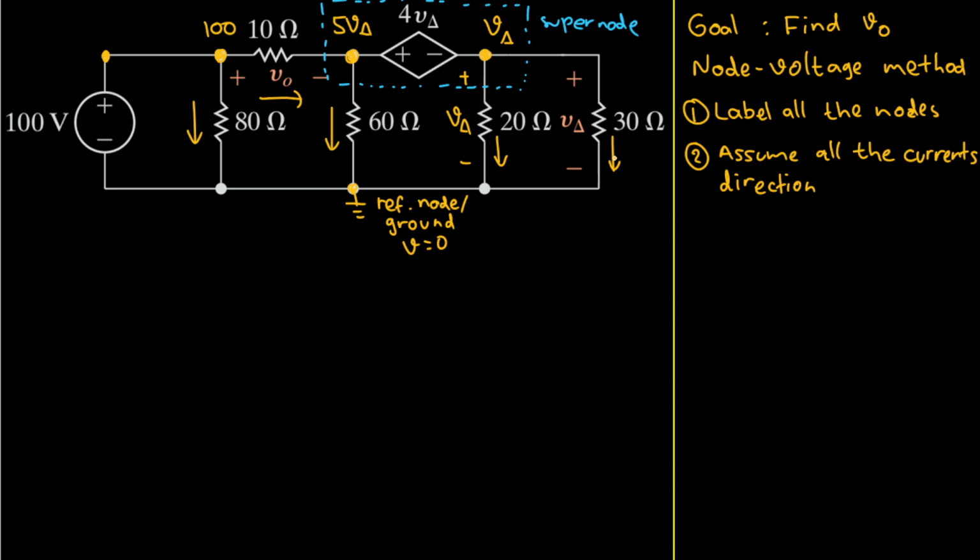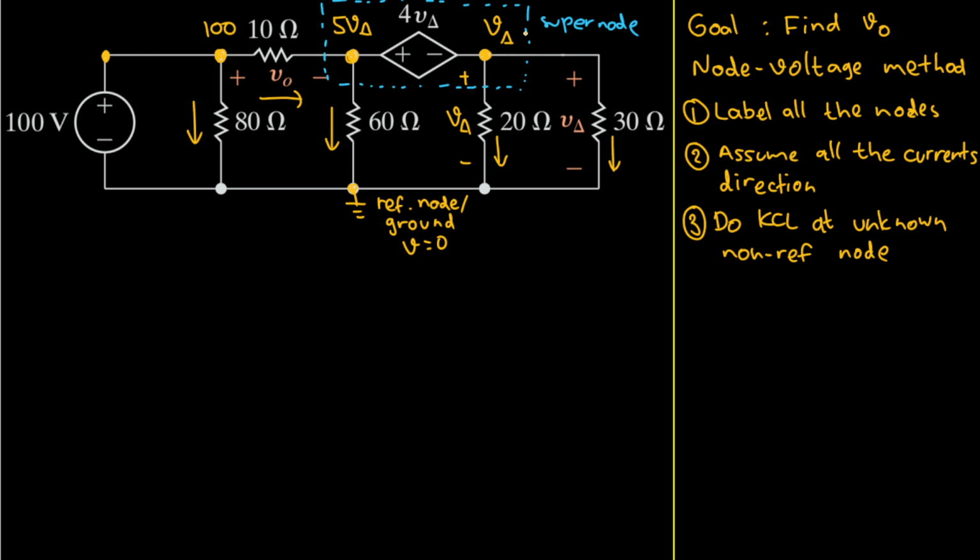Okay. And then let's move on to the third step, which is doing KCL for all non-reference nodes that are unknown. So we already know that the voltage here is 100, but we don't know it in this node and this node, but those two nodes are assumed as a very big node, which is the supernode.